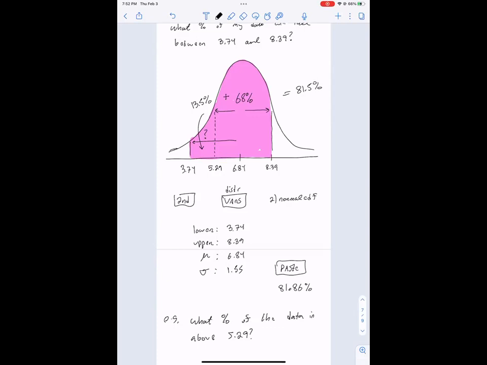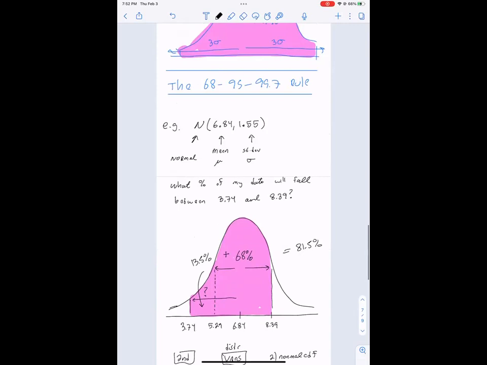Wait, Professor, where did they get the 1.55 from earlier? They gave it to you. Oh, okay, I'll assume it's all true.